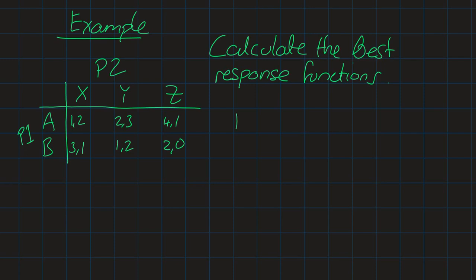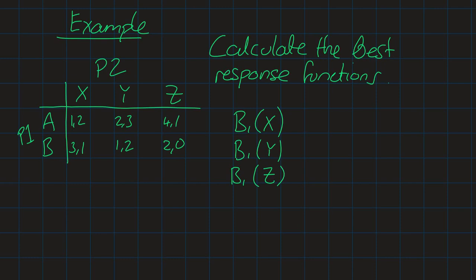So let's get started. Let's start with player 1. Player 1 needs to know 3 things. What's the best thing player 1 can do if player 2 chooses X? What's the best response for player 1 if player 2 chooses Y? And what's the best response for player 1 if player 2 chooses Z? So let's just go through these one by one.